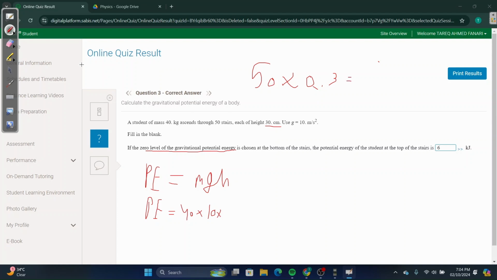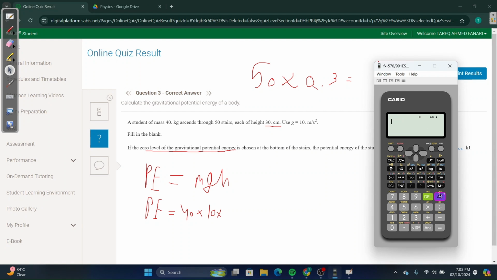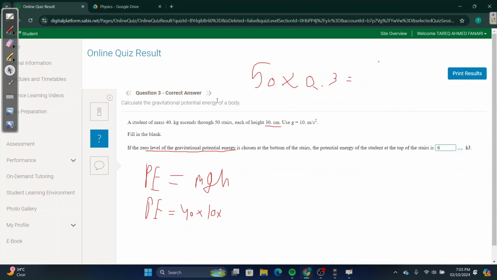So we do this on a calculator. 50 times 0.3 is going to be 15. Okay, so we're going to multiply all of this together.